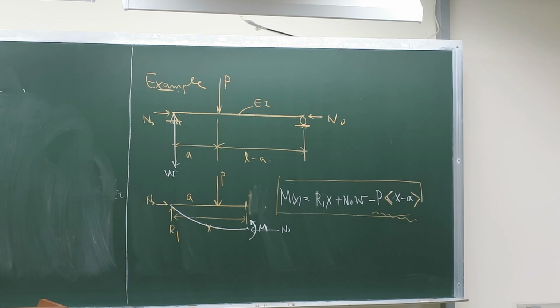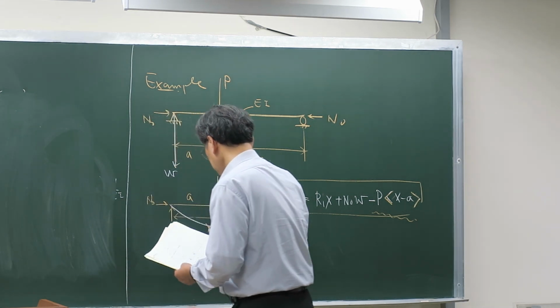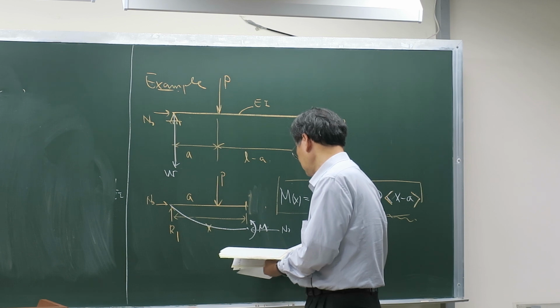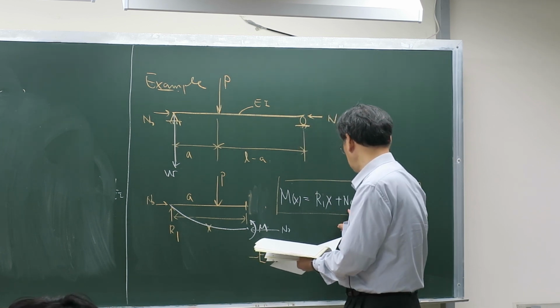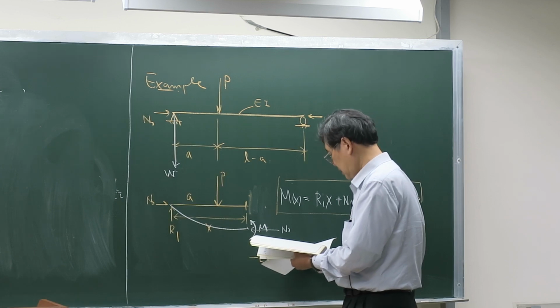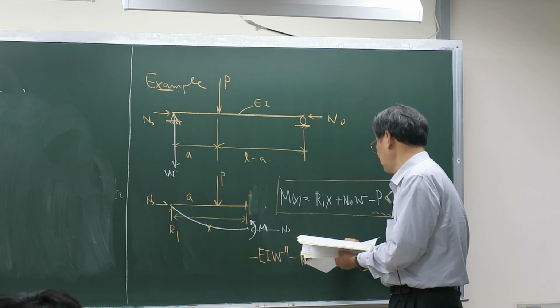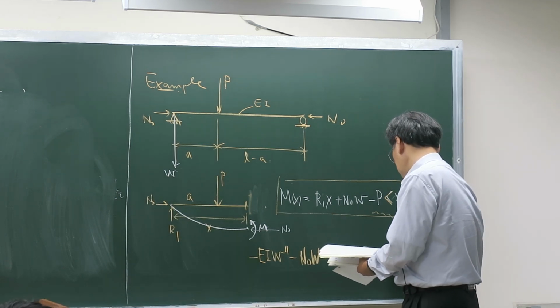So first thing, from this equation we solve the Gaussian equation: minus EI W double prime minus N0 W is equal to R1 x minus P times (x minus A).